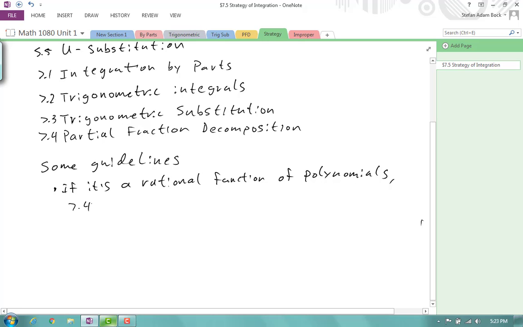It's possible that one of these problems doesn't need 7.4 because there are some special cases which use 7.3, or you may even get luckier and you just have to use 5.5, or maybe it's just a basic antiderivative.